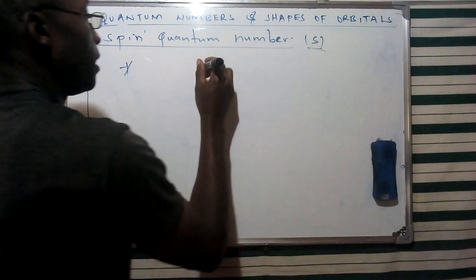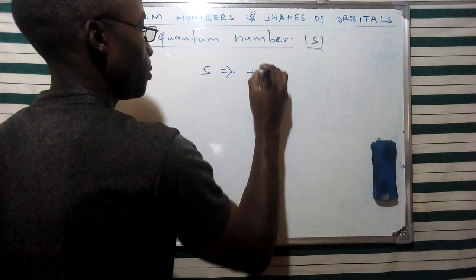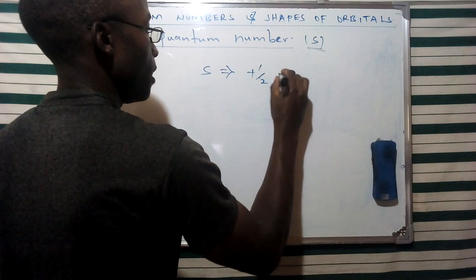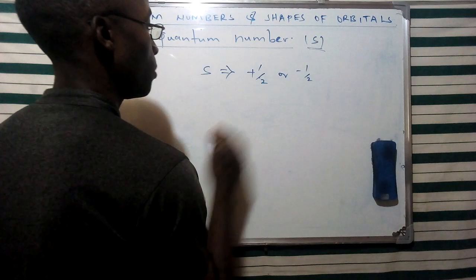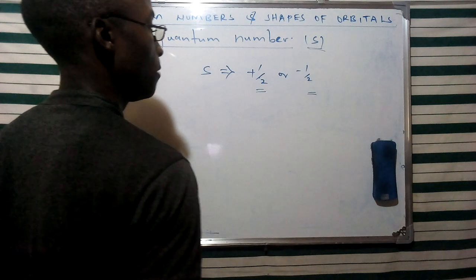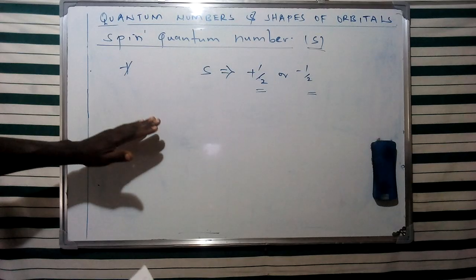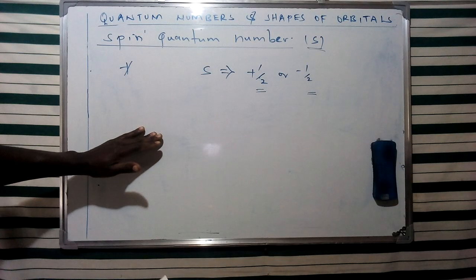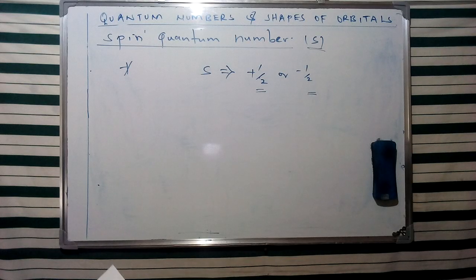Now, the spin quantum number, given as S, is going to assume the values of positive half or negative half. In a sense, we're going to describe this orientation as negative or positive, or clockwise or anti-clockwise. So we can describe this spin using those two specific descriptions.